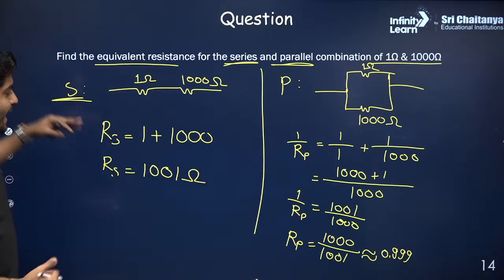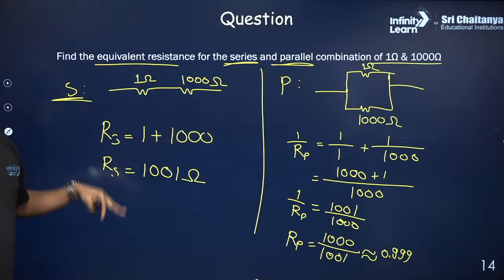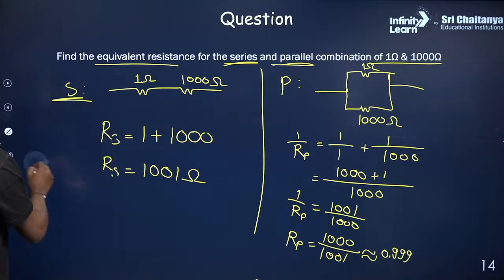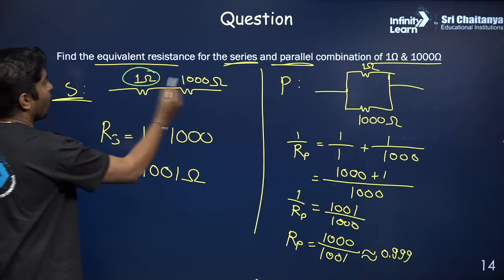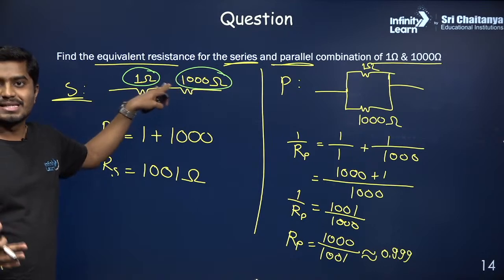Okay, so I'll tell you now why I have chosen this question, to help you understand a certain thing. Look here, these two values, 1 ohm and 1000 ohm, are the values of the resistances.